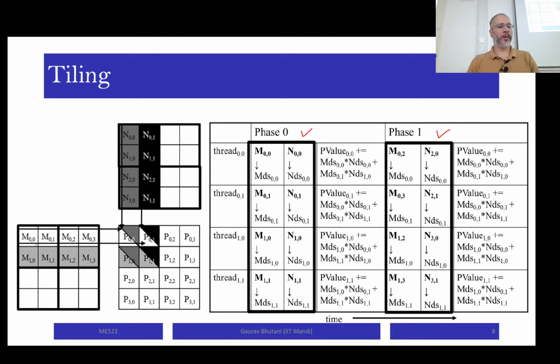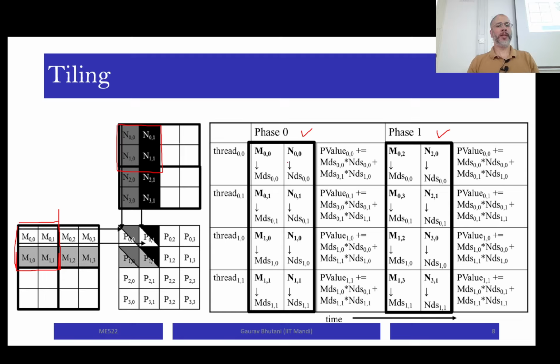So diagrammatically, in phase 0, all the threads together have copied this tile, M00, M01, M10 and M11, and they have also copied this tile into the shared memory.